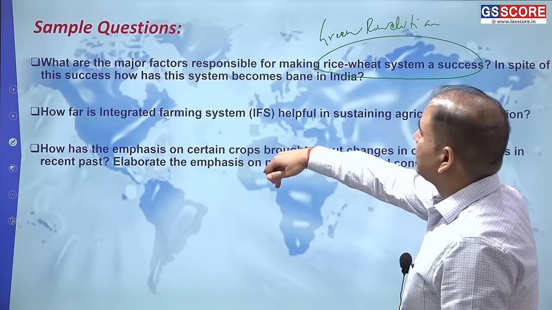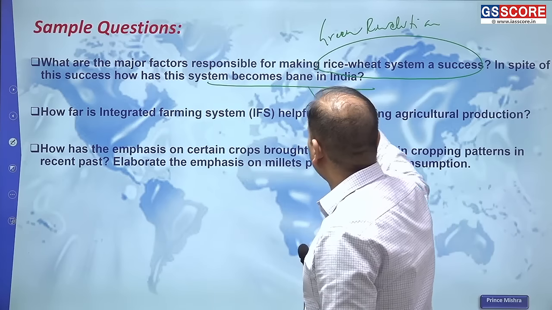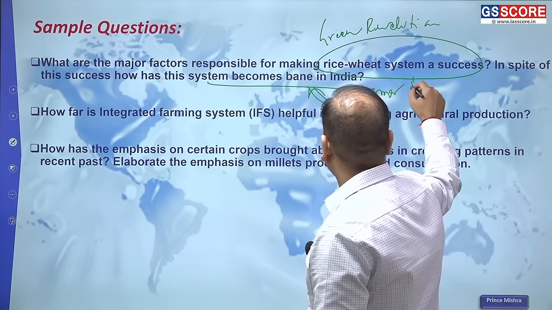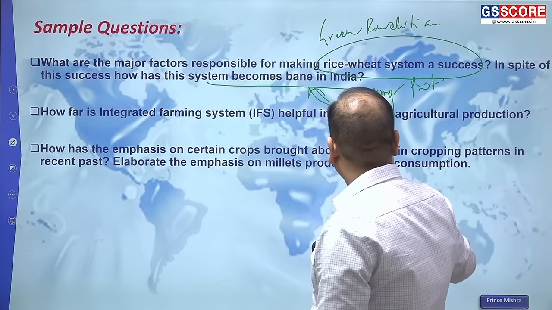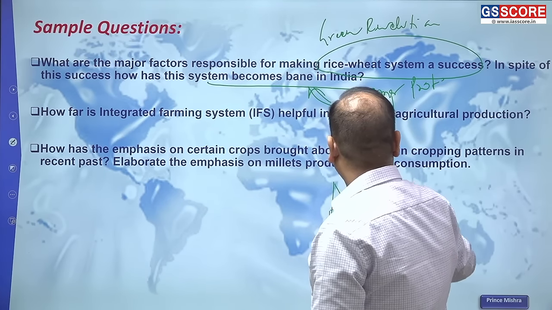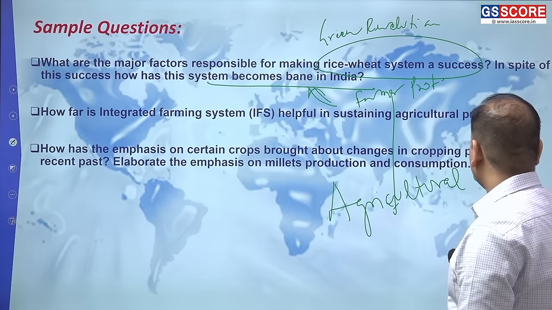In spite of this success, how has this system become a bane in India? This question is clearly being asked from the perspective of the farmers' protest, or simply the agricultural crisis that the country is facing.